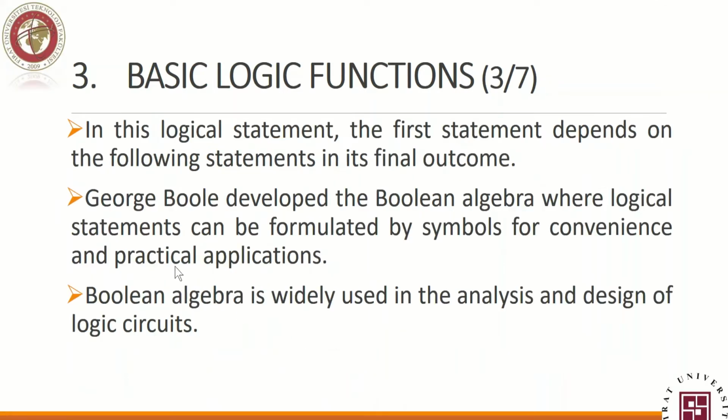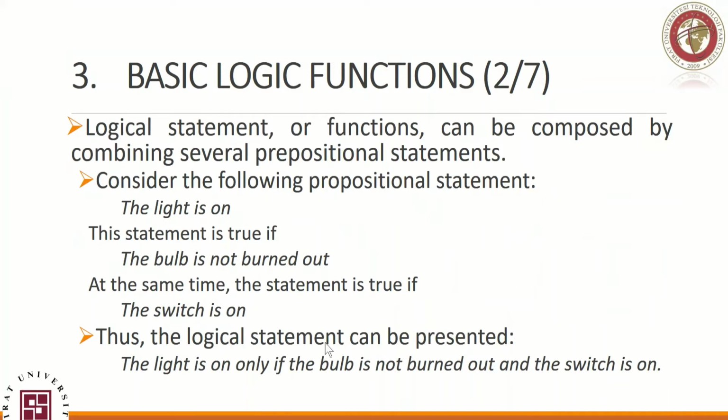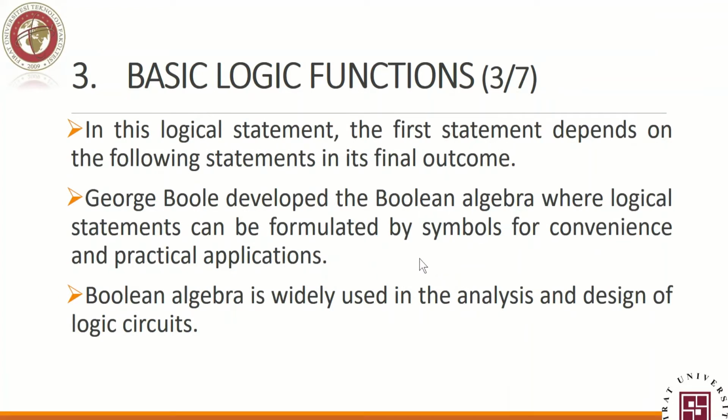For that reason, this scientist developed the formulation of symbolic representation of assertions or propositional statements, and created one stream of mathematics, what we call Boolean algebra. And this is the base of the digital machine that we have. Any digital machine, your computer, your phone, a tablet, whatever has an electronic circuit in it.